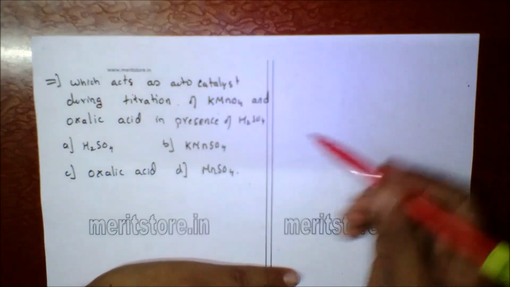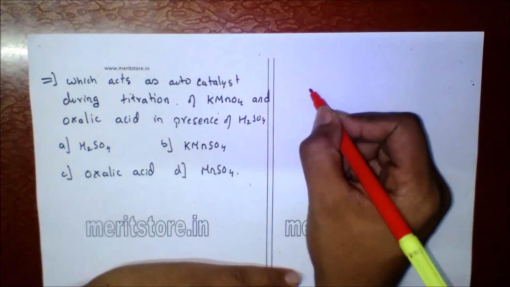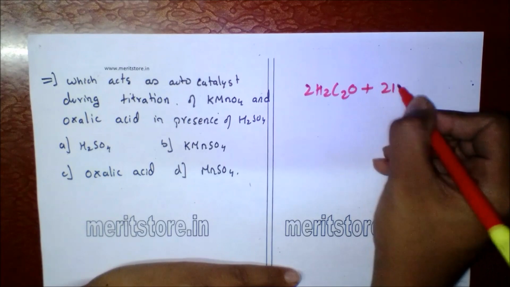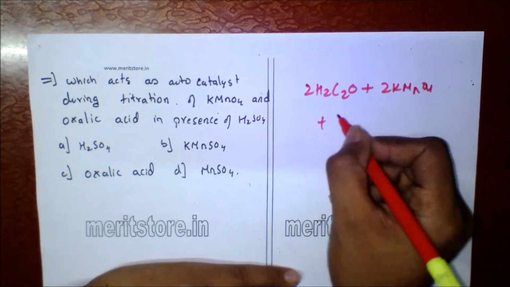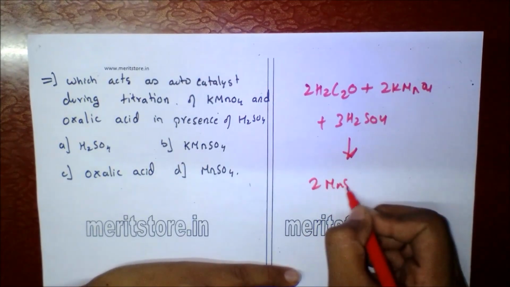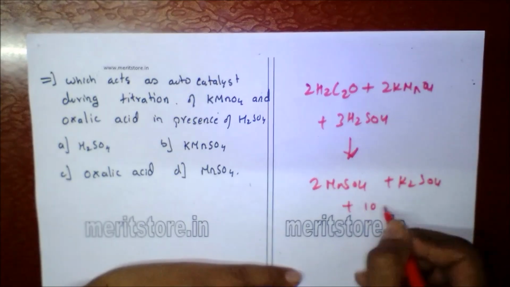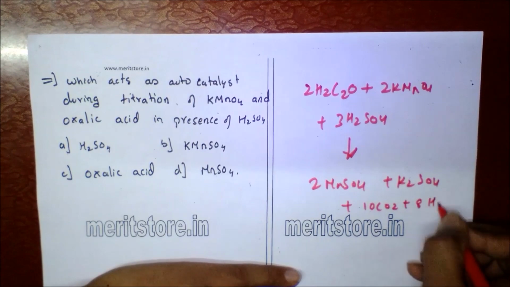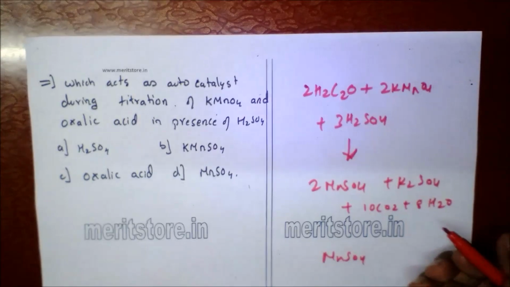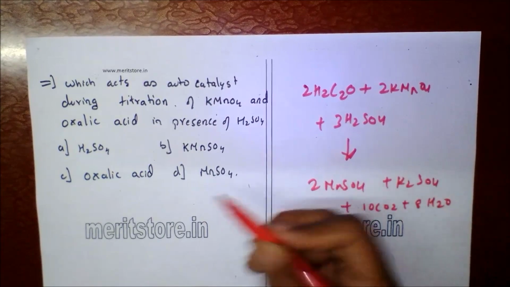Now, the reaction of the titration of KMnO4 and oxalic acid in the presence of H2SO4 is given as oxalic acid plus 2KMnO4 plus 3H2SO4 gives 2MnSO4 plus K2SO4 plus 10CO2 plus 8H2O. Here MnSO4 acts as an autocatalyst during the titration of KMnO4 and oxalic acid in the presence of H2SO4. Hence the correct answer is option D.